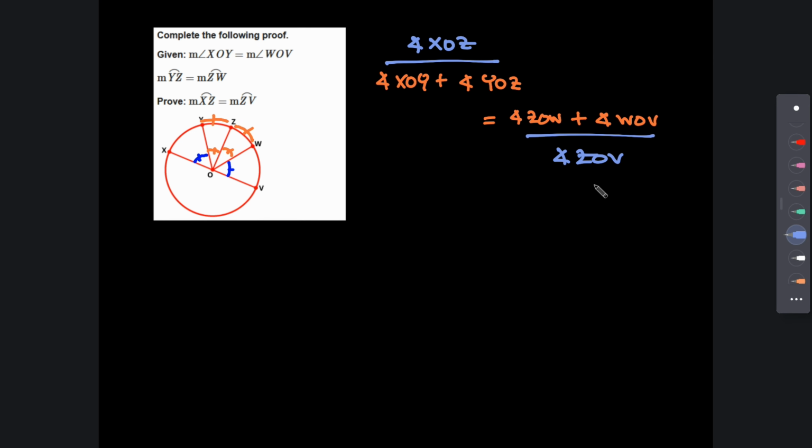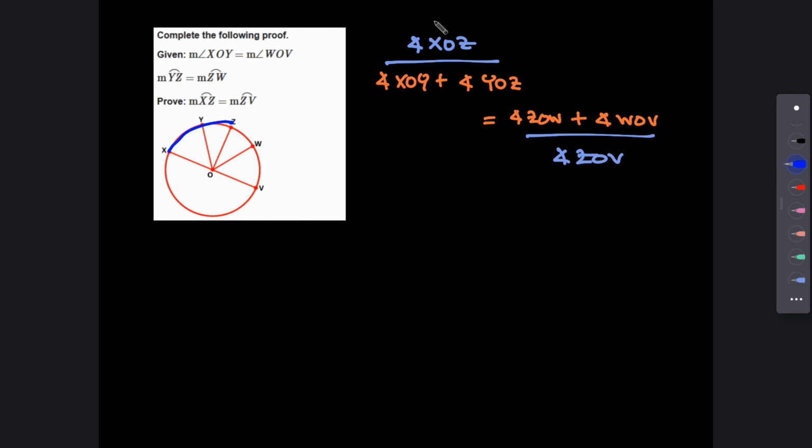is equal to COB, and let me erase this real quick. We know that XOC is this, and that is a central angle. So that central angle makes this arc back here also have the same measurement, right? Because we have a theorem that states that if we have a central angle, then this arc is going to have the same measurement as that central angle.